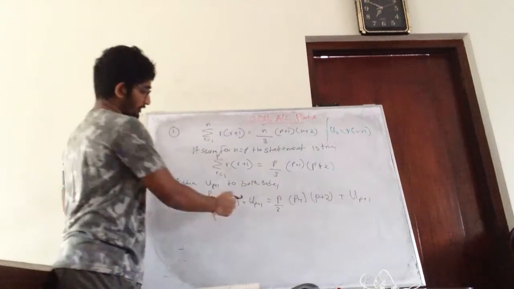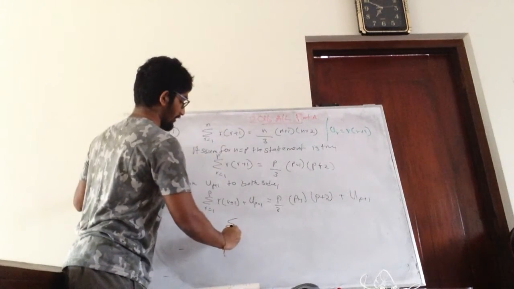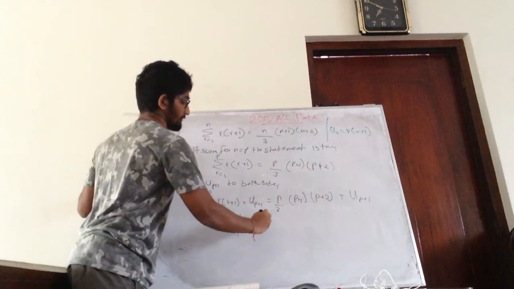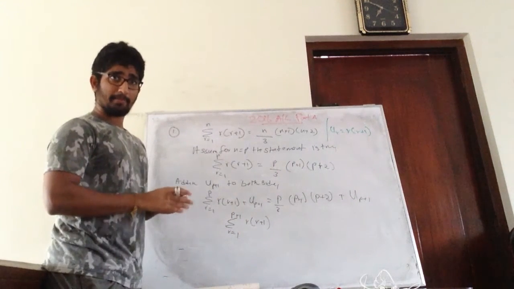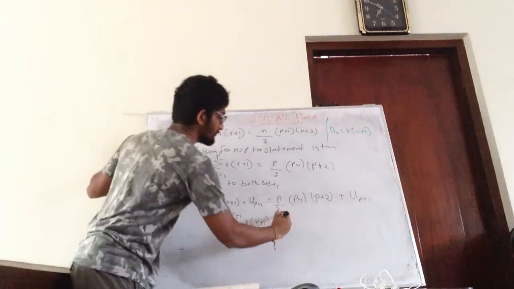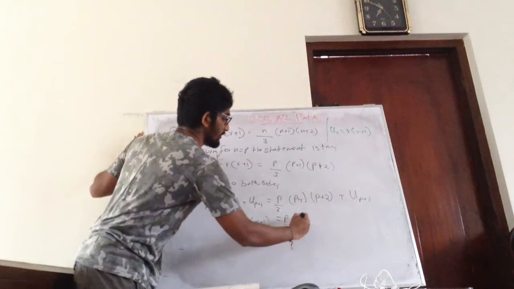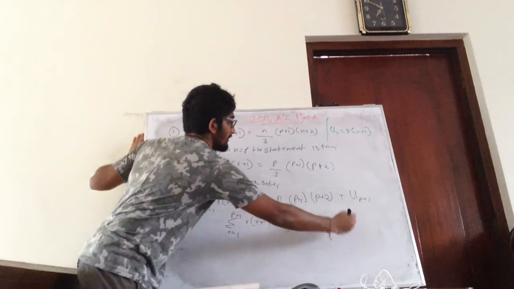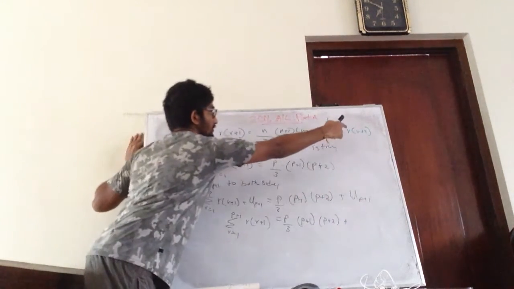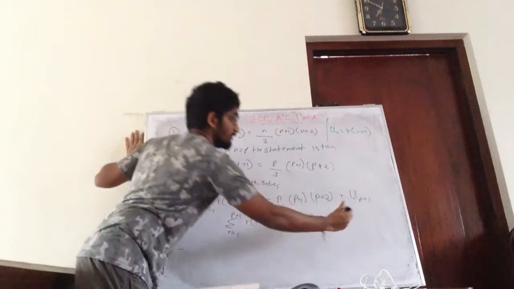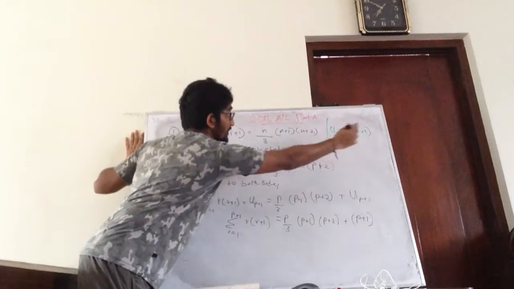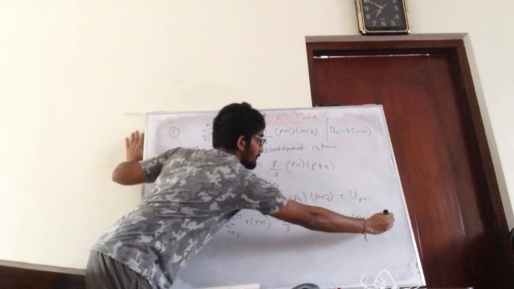So then this becomes the sum from R equals 1 to p plus 1 of R plus 1. Correct? Then this becomes p over 3, p plus 1, p plus 2. Then what is u p plus 1? So you put p plus 1 instead of R. That means p plus 1, p plus 1 plus 1, so p plus 2.